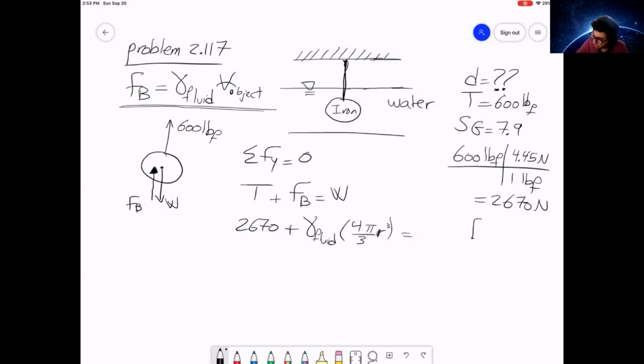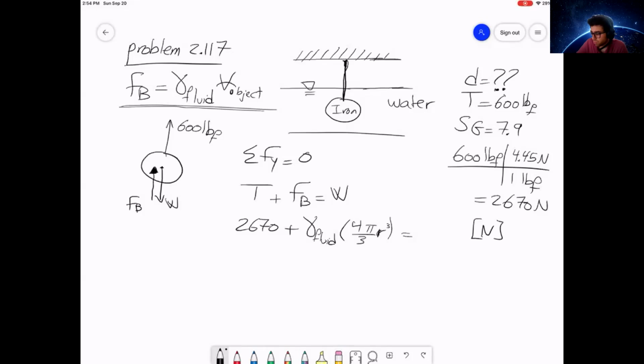So we need to end up with newtons. And what is weight, if you remember from dynamics or statics? It's basically just mass times gravity, right?